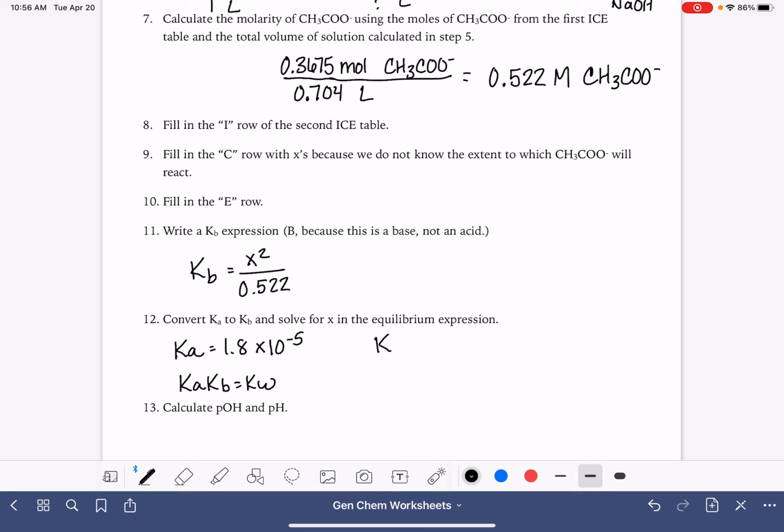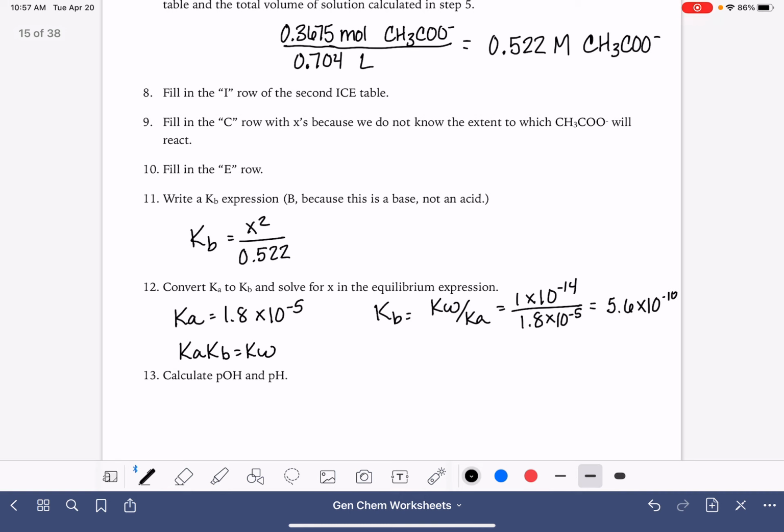So Kb equals Kw divided by Ka, 1 times 10 to the minus 14 divided by 1.8 times 10 to the minus 5. This is 5.6 times 10 to the minus 10. We're almost done.